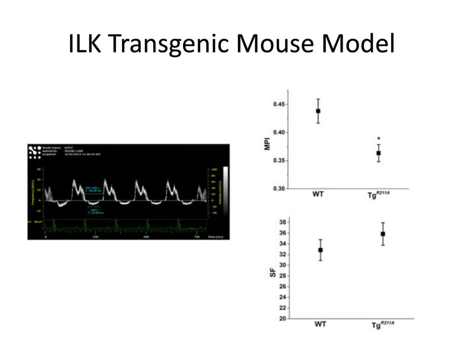So we have an echocardiogram on the left, but more importantly, the metrics on the right, the MPI, which is the measure of damage, so less damage in the transgenic ILK, or SF is shortening fraction, so a higher number is better in the ILK mice after exposure to doxorubicin. So it attenuated damage at the iPS level, but also attenuated the damage we see in the mice.